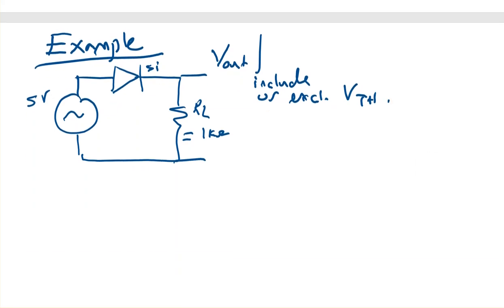And that's so simple. We know that the output peak voltage, if I exclude the threshold, will be simply like this. This is my output if I exclude the threshold.